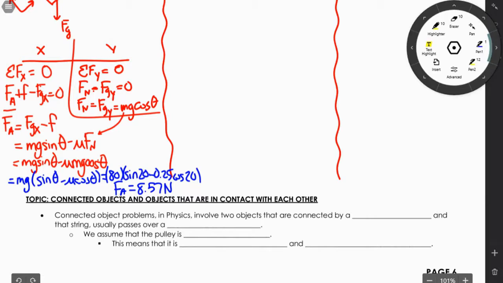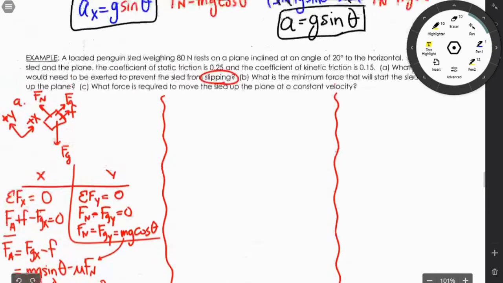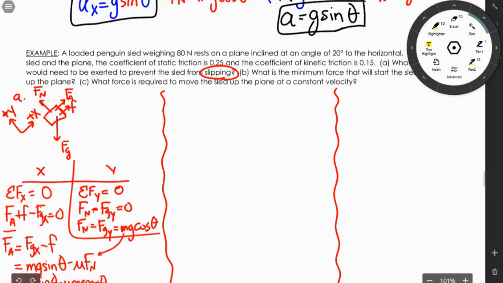All right. Now for the next one, we're going to find what is the minimum force that will start the sled moving. Again, draw, sum, solve. I'm going to keep telling you guys that for a while. Okay, draw, sum, solve. So here's our normal force, here's our weight, here's our applied force.